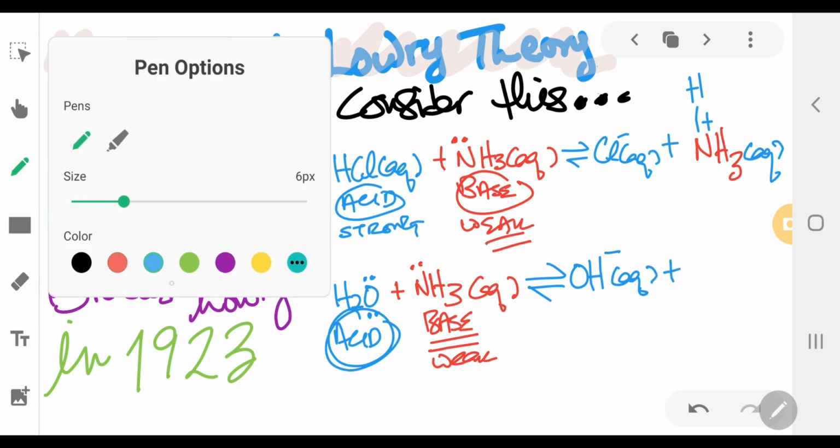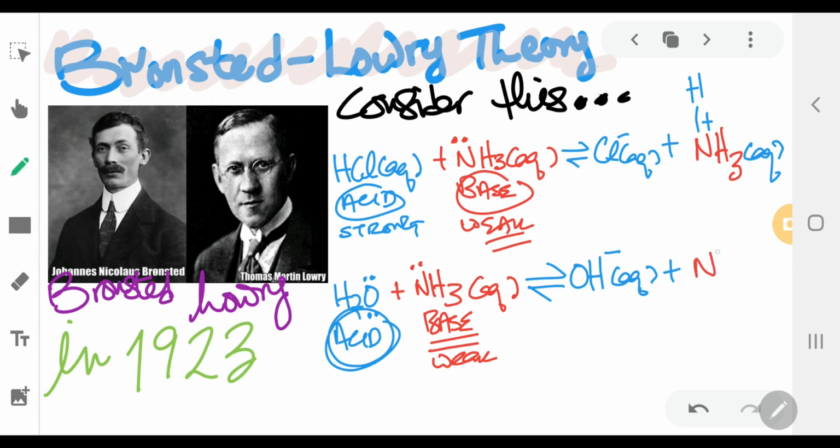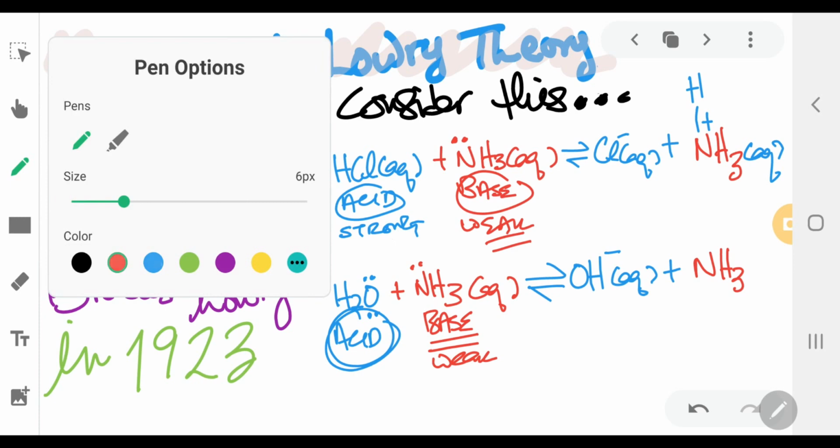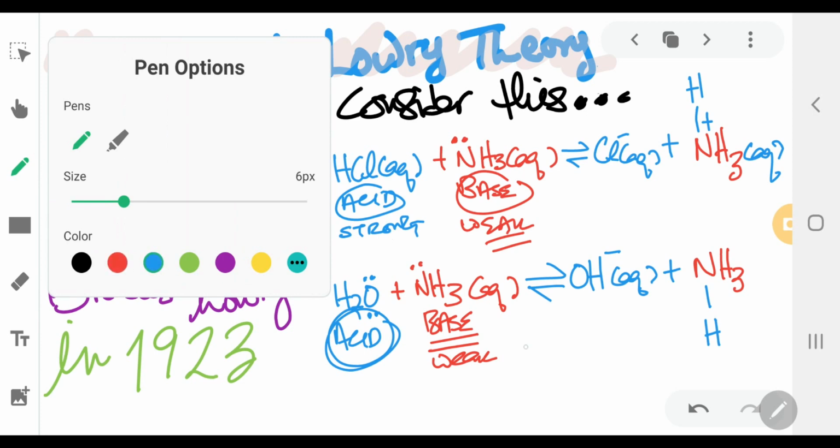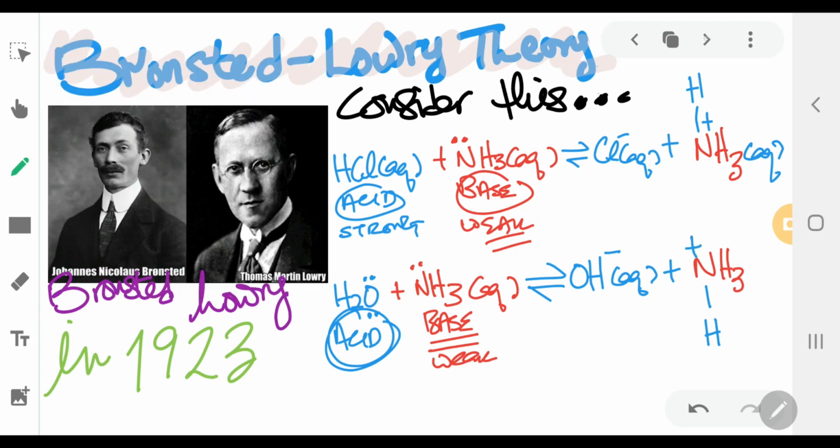And as you can see, your base right now will lose the lone pair, and you will have this proton, which was part of the water in the beginning. Now it's no longer part of the water. It will be part of the NH4 plus here. So the plus charge will be right there.